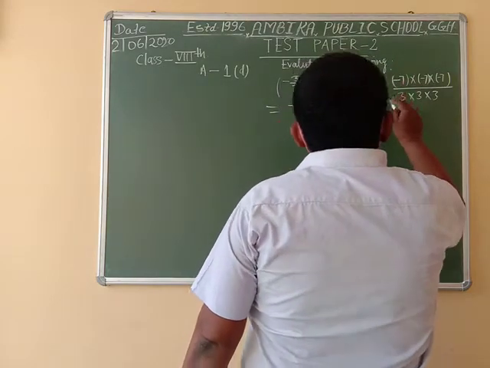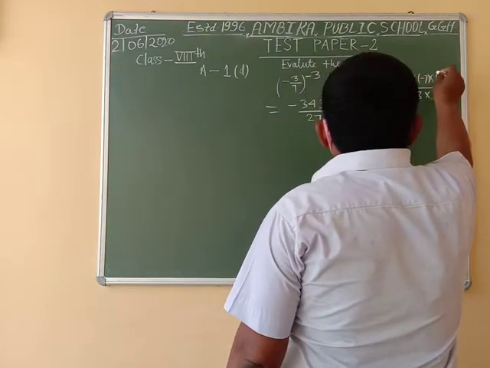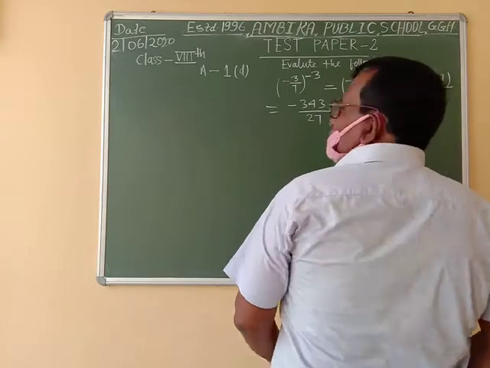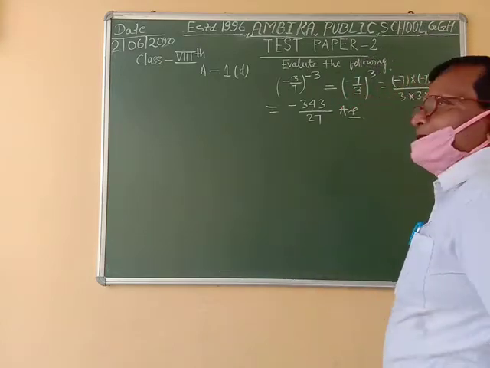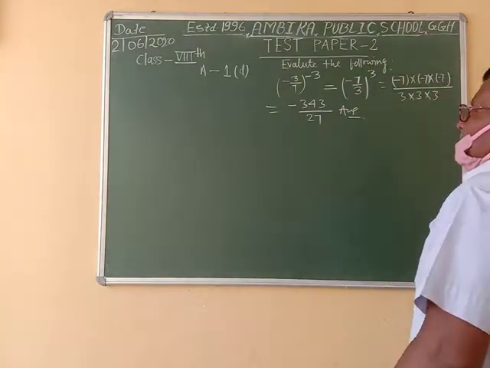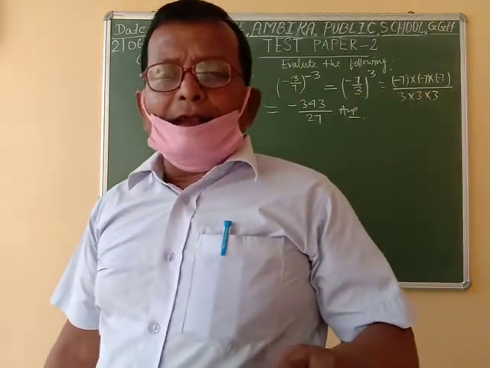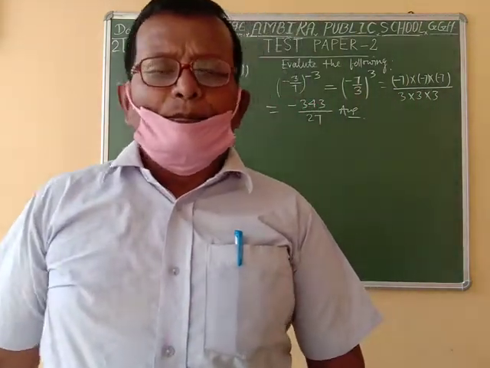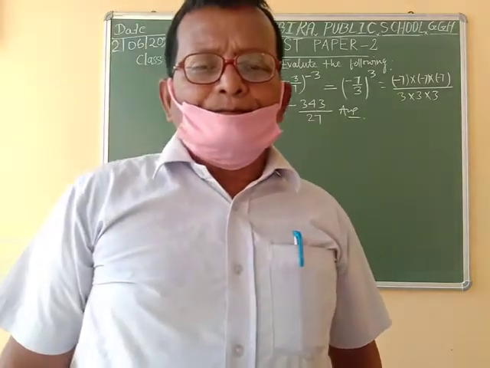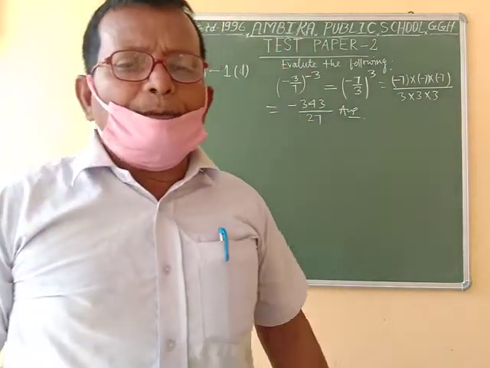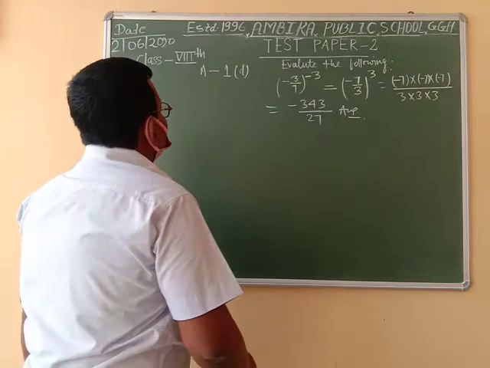For this, we write -7 into -7 into -7 by 3 into 3 into 3, which is equal to -343 by 27.